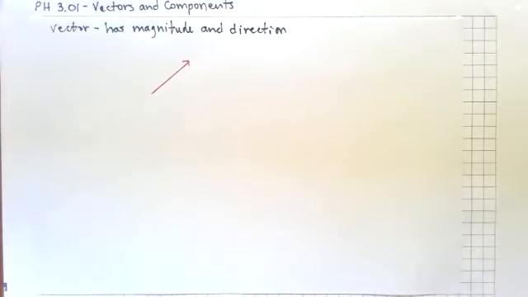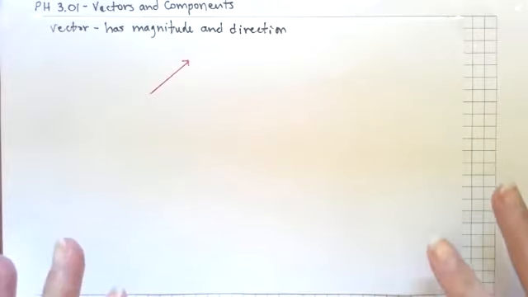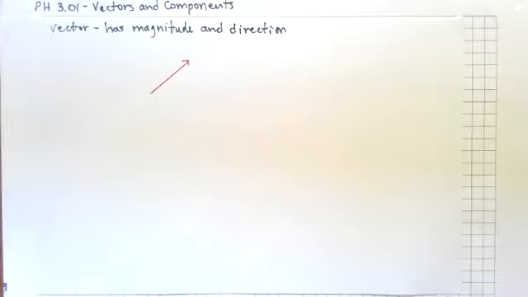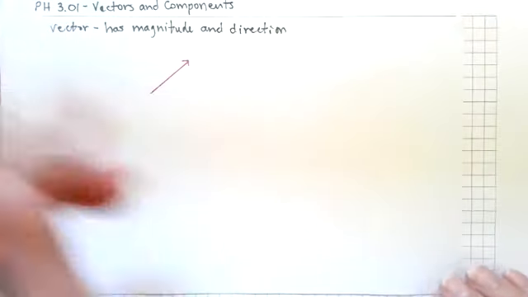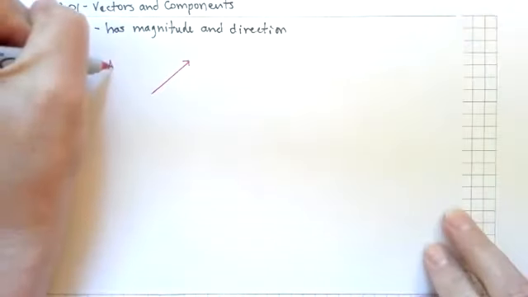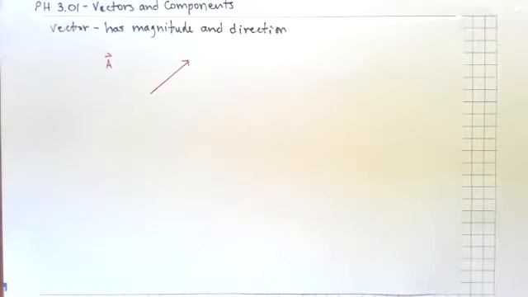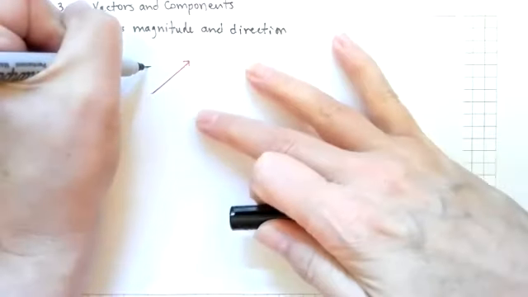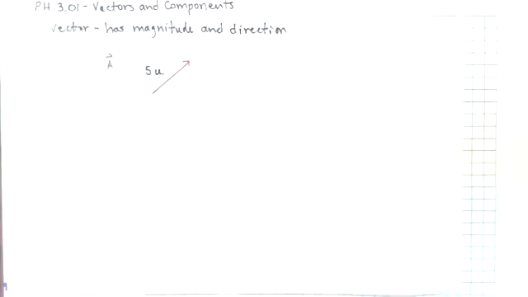By the way, for this video, I'm going to start off with plain paper and then lift it, and I have graph paper underneath because we're going to want to look at some things graphically. So I've drawn a vector here and I'm going to title this vector A. It has a magnitude of 5 units. I'm just going to put 5 because this unit could be anything.